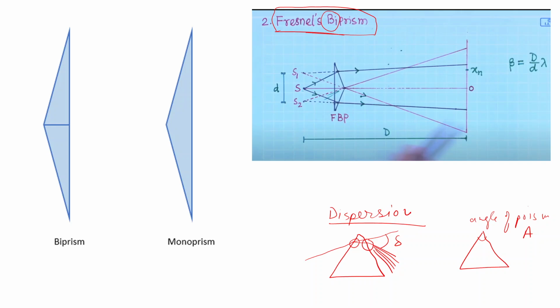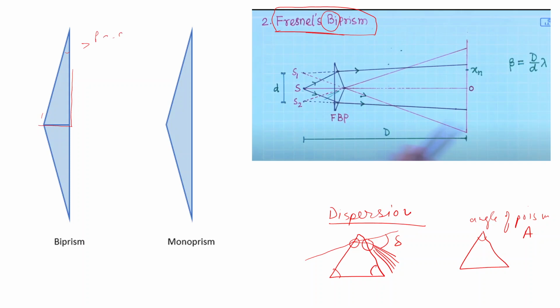Here, what we are doing is combining two prisms like this. This is one prism, but the interesting thing here is, maybe these two angles were the same. Here, this is called the base angle of the prism.